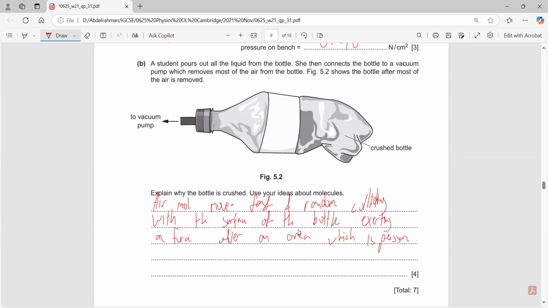You can say that the outside pressure is greater than the pressure inside, and that's why it collapses, due to more molecules being outside the bottle than inside it.